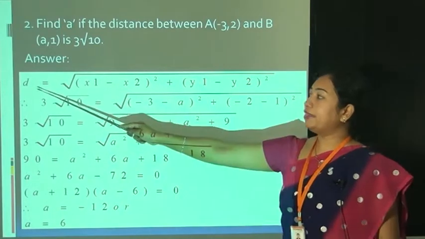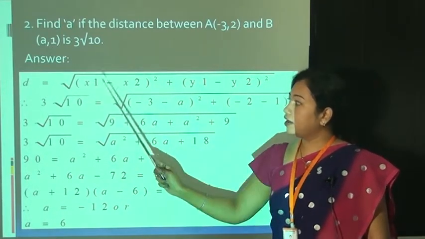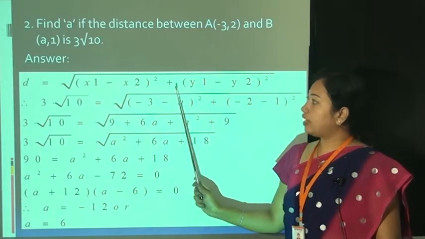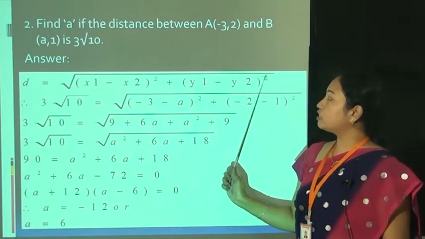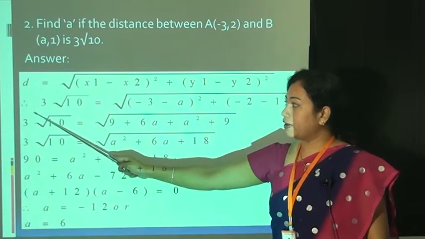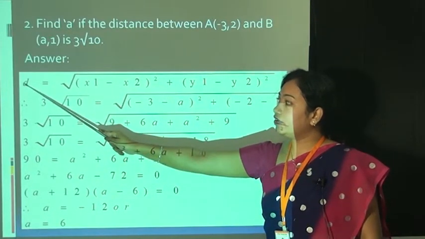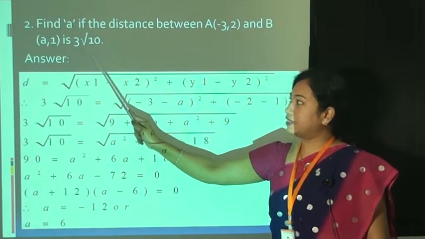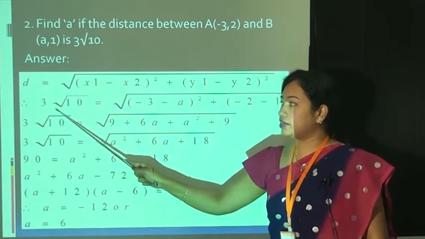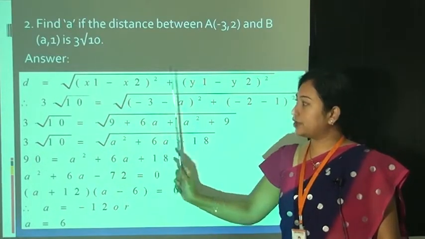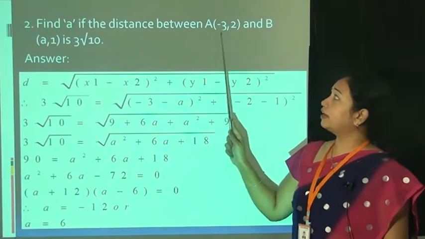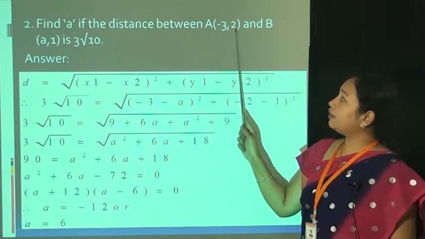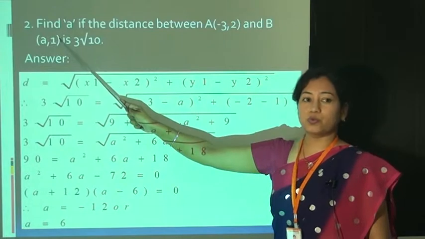So applying the distance formula, square root of (x1 - x2) square plus (y1 - y2) whole square is equal to the distance between these 2 points, which is 3 root 10. So write down distance 3 root 10 is equal to, now this is x1, this is y1 and this is x2 and this is y2.